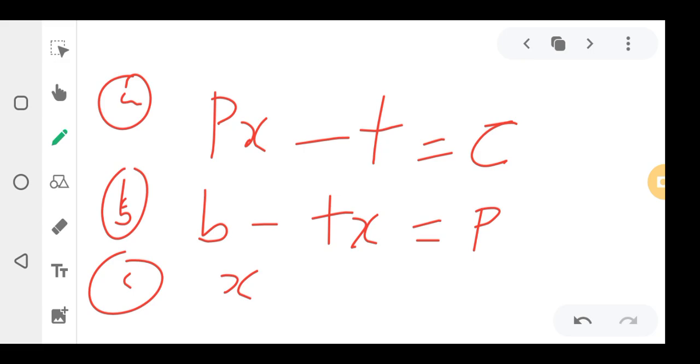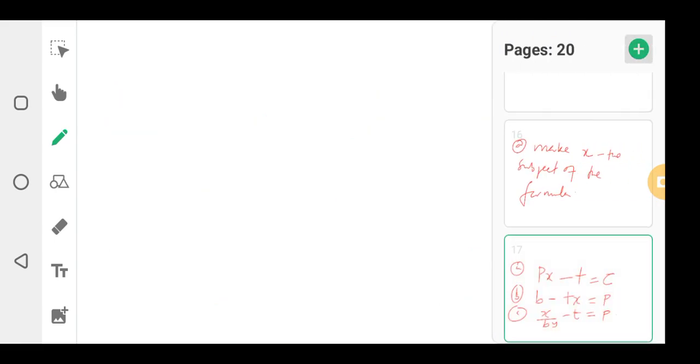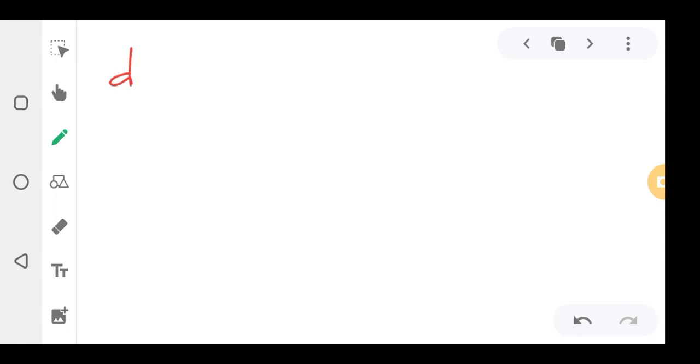Question C: x over b minus t is equal to p. Making x a subject. Question D: px is equal to bz.